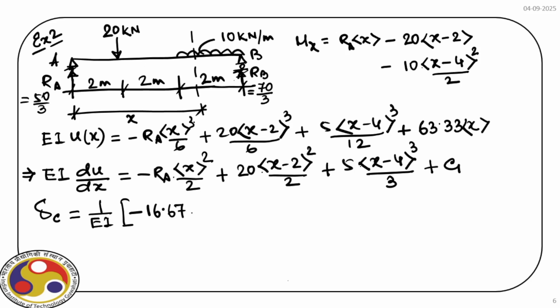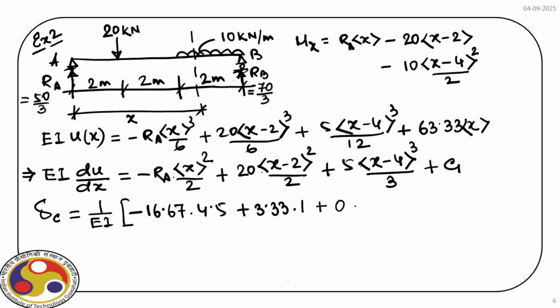So 27 divided by 6, that means 4.5, plus we have 20 divided by 6, that means 3.33 times x equal to 3, so 3 minus 2, 1, so we have 1 here, plus 5 times x equal to 3, so 3 minus 4 is minus 1, so that means this term will be 0.